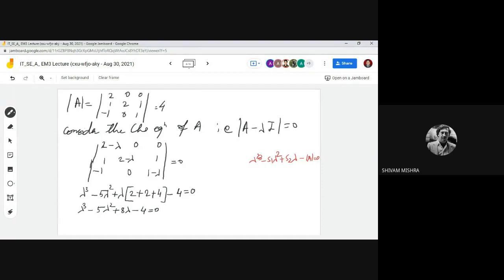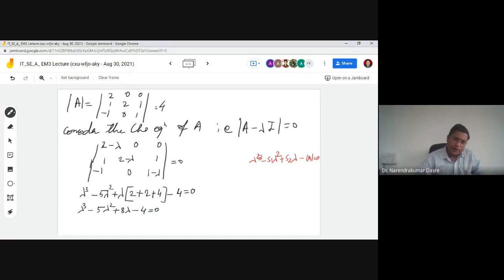1, 2, 2. Okay. You can easily check the product is going to be 4 and the sum is going to be 5. So you get lambda minus 1 into lambda minus 2 whole squared equal to 0. So the eigenvalues are 1, 2, 2.